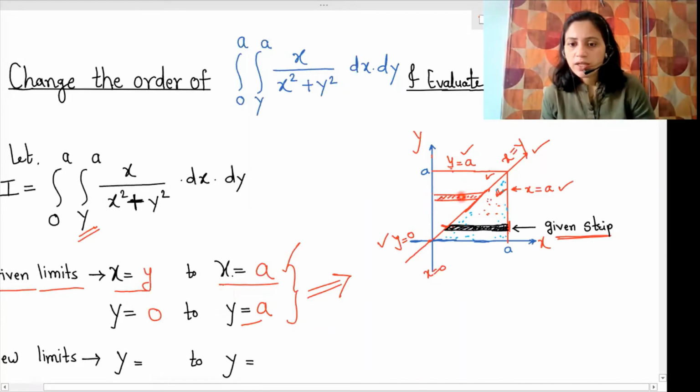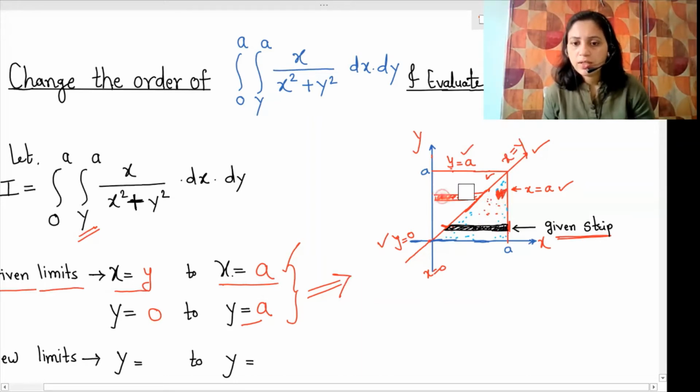This strip doesn't follow the limit x equal to y to x equal to a. So that's why my region of integration should be the lower triangle, this one.